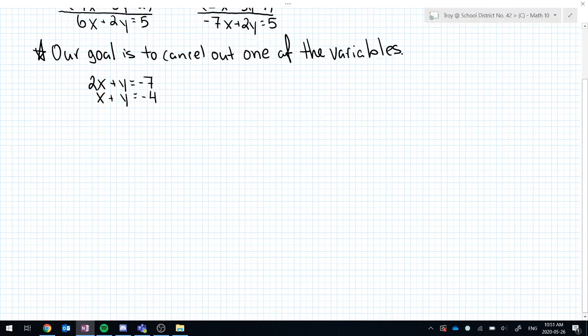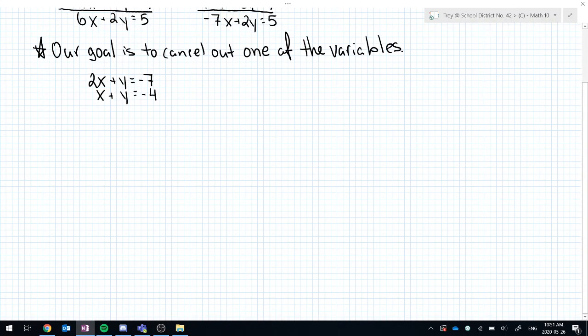So pretty much every time you use elimination, you'll be able to cancel out either the x or the y. It doesn't matter which one you decide. One will usually be easier than the other.